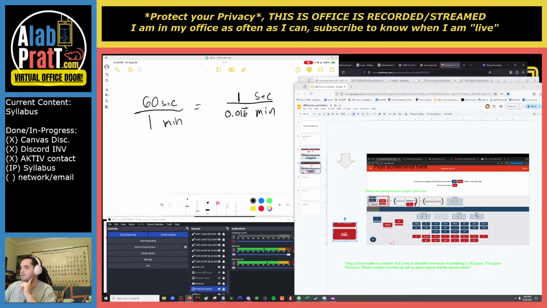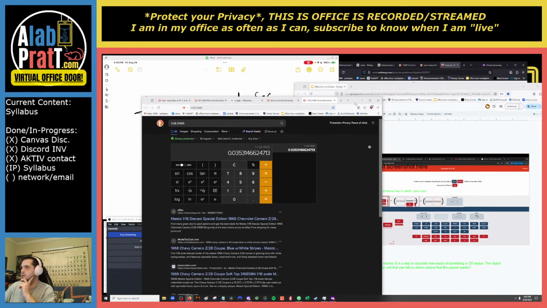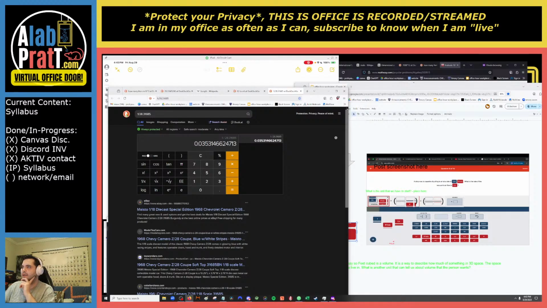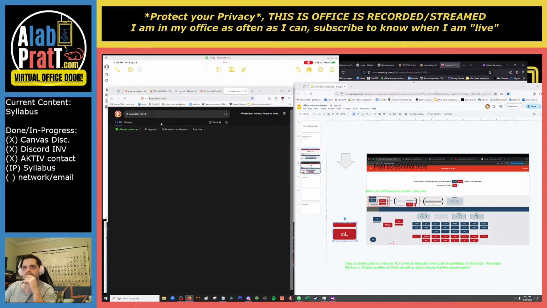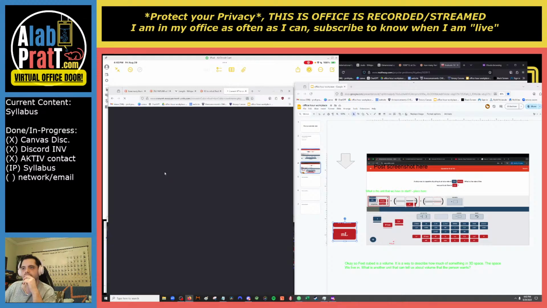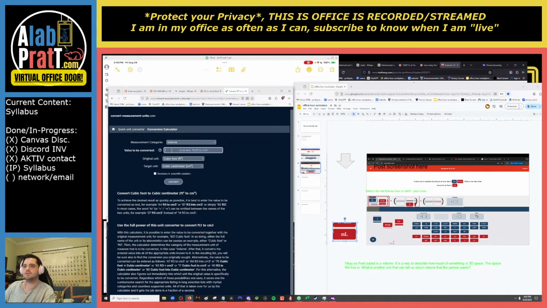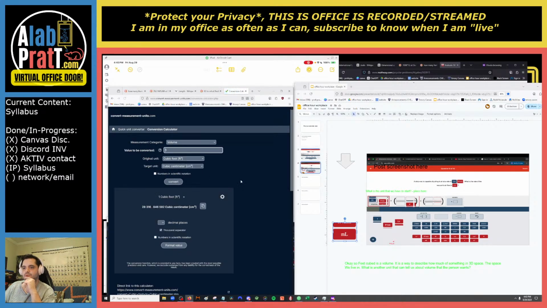So liters is out. Okay, so we can't do liters either way. So what is the next one I wanted to look at? We looked at centimeters cubed, but I don't think that worked either. All right, let's just go back here. Feet cubed. Choose centimeters cubed. So I want 1 cubic foot to 1 that.